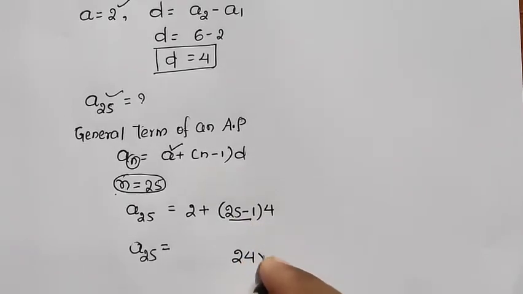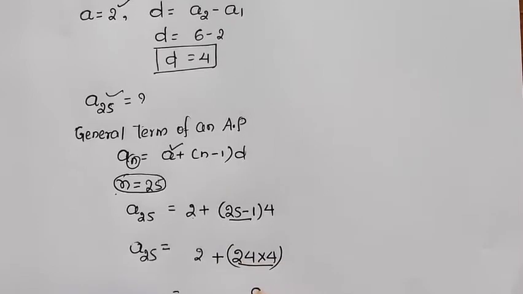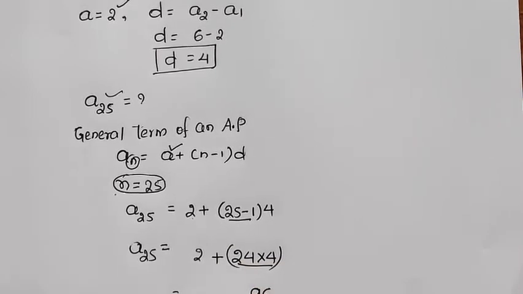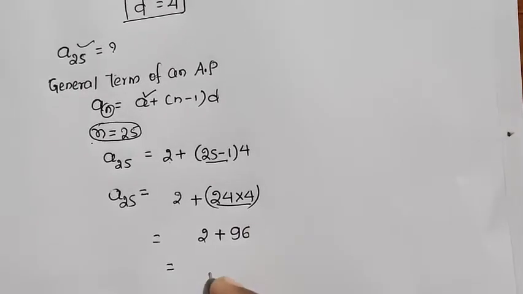Multiply 24 with 4, we get 96. Then we add 2, so 2 plus 96 is 98. So this is the A25 term.